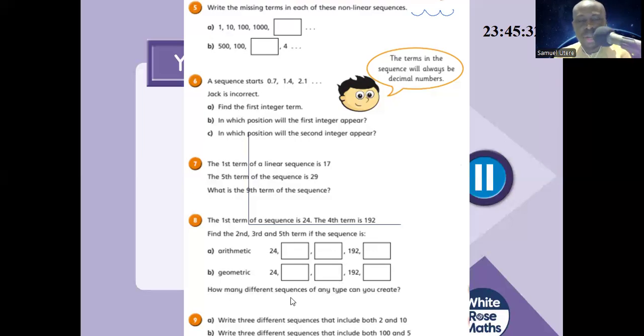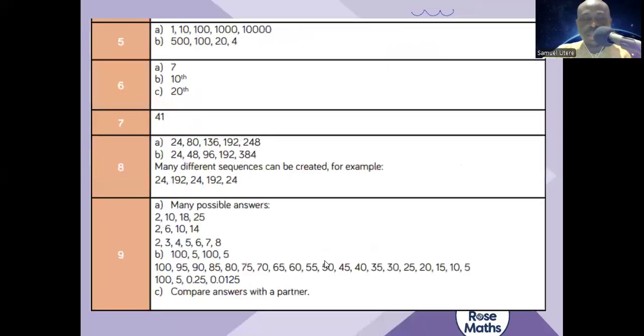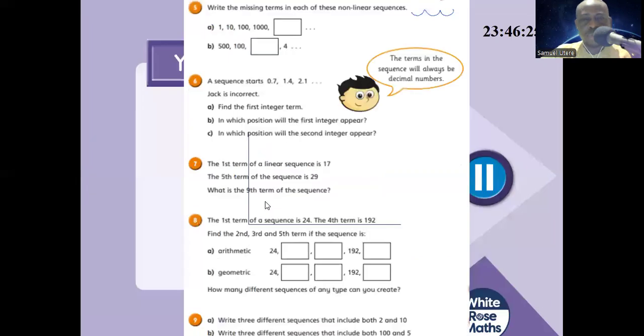But I really want to explain the geometric sequence, how it actually works, why the answer is what it is. If you take note of the answer for this one, you would see that it is 2448.